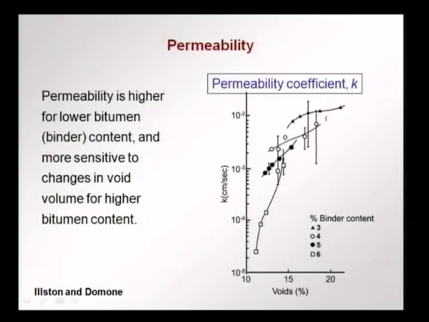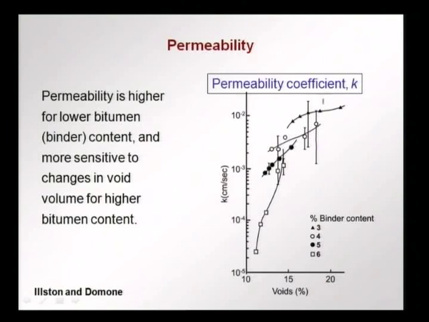So, a lower binder content gives a higher permeability because all the voids are not completely filled and there are some paths for water and air to go through. We also find that permeability changes more when there is a change in void content for higher bitumen content. For example, if you see the case of 6% binder content or 5% binder content, as the voids increase there is a significant increase in the permeability.